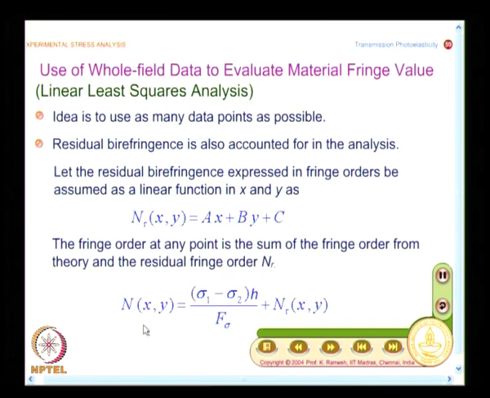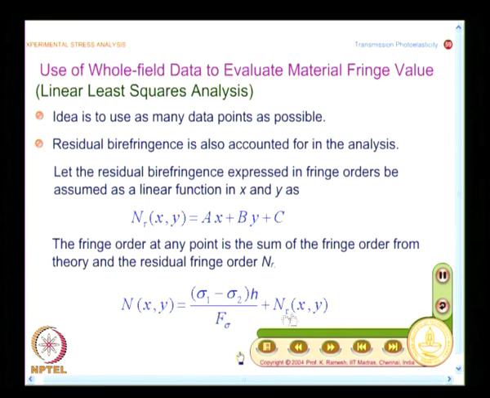So the fringe order at a position (x, y) will have two terms, one contributed by your analytical expression, which is completely known if I know the material stress fringe value and the thickness h. Our focus is to find f sigma, and you can find from an analytical method the expression for sigma 1 minus sigma 2. And to this we add, at a point of interest, a residual birefringence N_R(x, y).